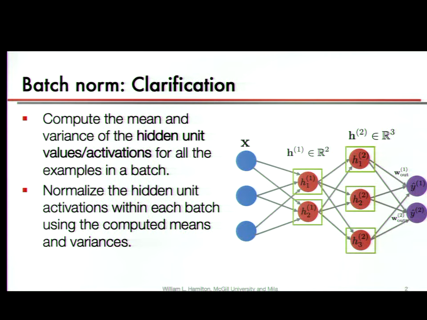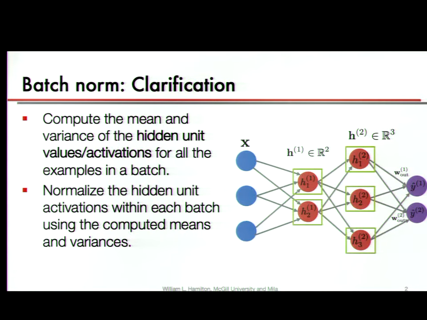What batch norm does, within a particular mini batch, say 256 examples, is take the first entry of the first hidden vector for all those 256 examples, get the mean and the variance of that, and normalize over that. So we're normalizing the hidden layers over the different examples within a batch. Unfortunately, in the previous lecture slide, X was used instead of H, which I think confused people about what we were normalizing. So batch norm is normalizing the hidden layers.